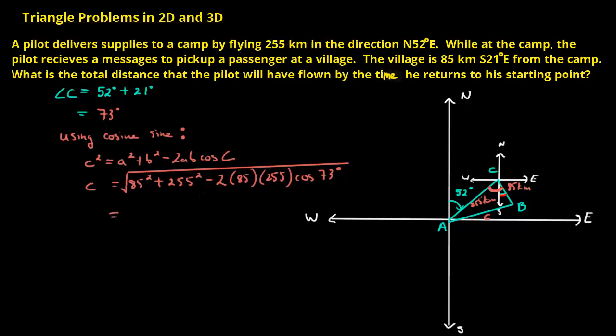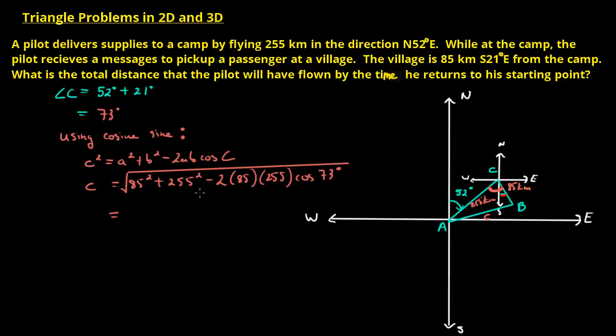If you do this on a calculator, let's do 85 squared plus 255 squared. And I do recommend that you actually try this problem out on your own, because you wouldn't believe how many times students have asked me while they're writing an assessment, sir, how do I perform this operation on my calculator?